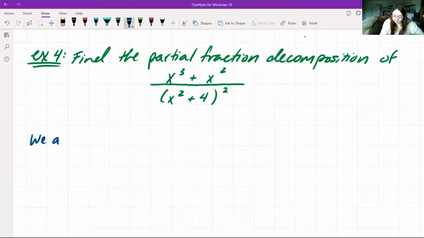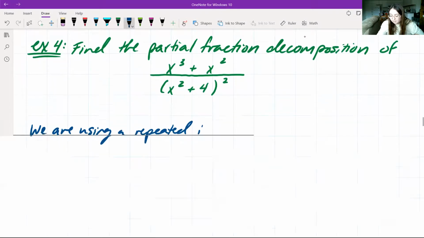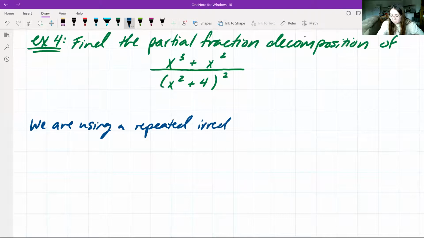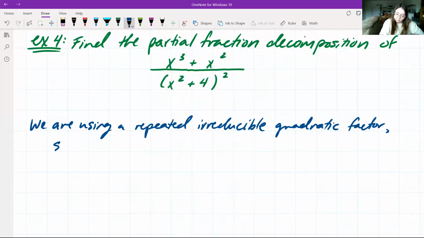So we can write that out. We are using a repeated irreducible quadratic factor, so x squared plus 4, sorry, the factor is x squared plus 4 squared.